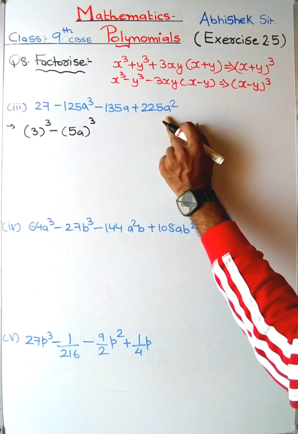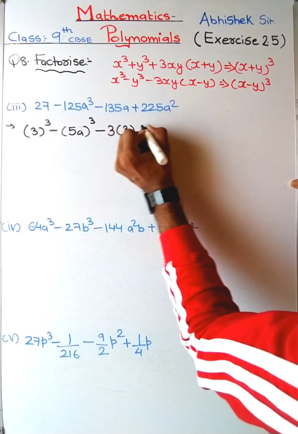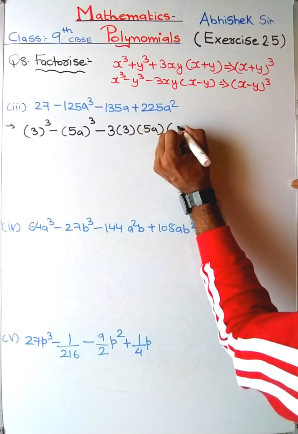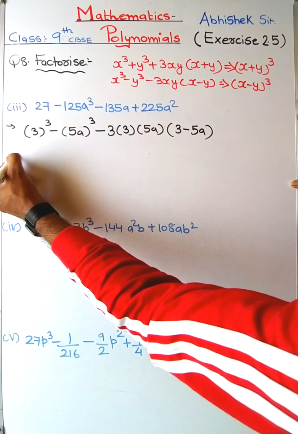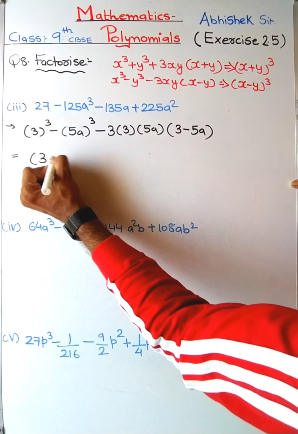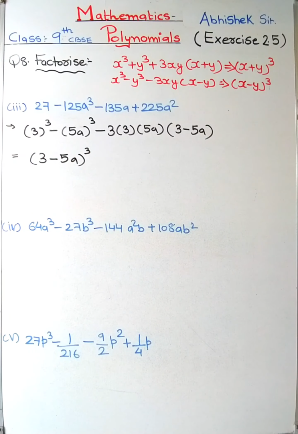Now don't worry about these two terms, just follow the identity: minus 3 into first term, second term, and first term, second term in the bracket. Go for the final answer, that is 3 minus 5a whole cube. Clear?